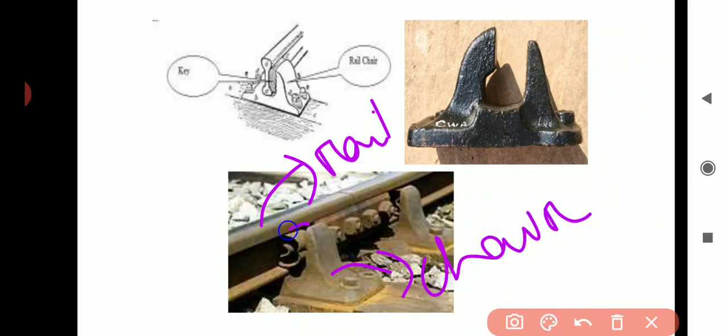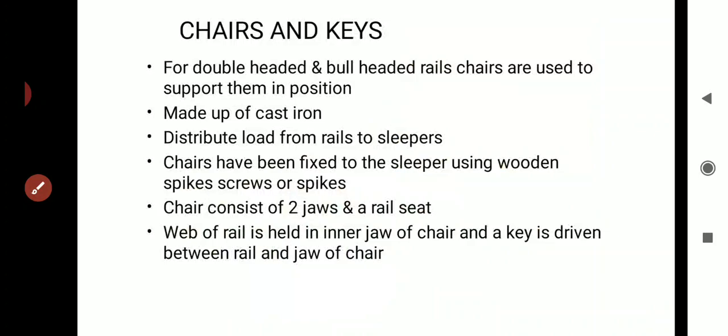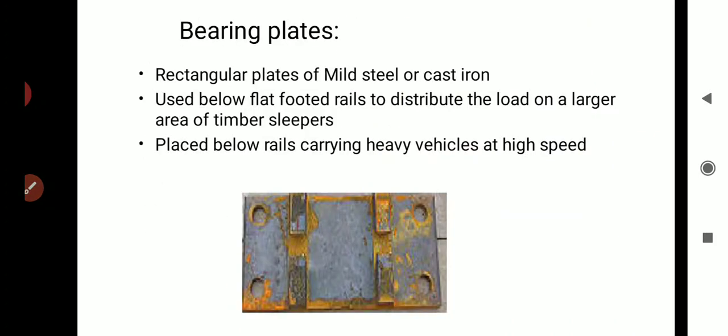And this key is driven in between this rail and chair. So chairs and keys are used to keep the rails in their proper position.